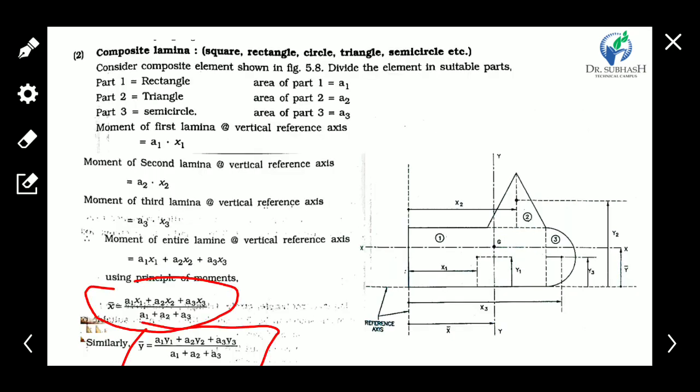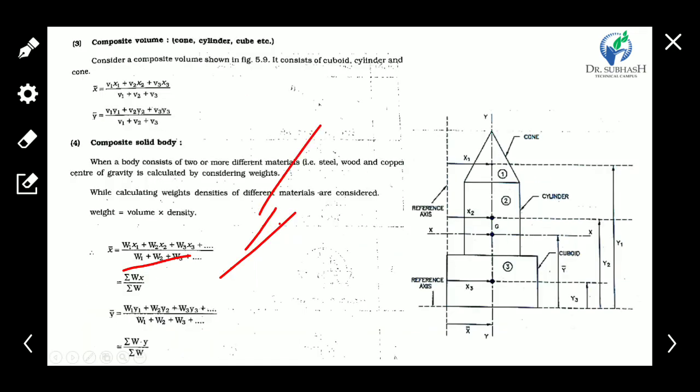Okay, clear? Through this process we can find the center of gravity of composite elements like a line, lamina, solid, and volume of cone, cylinder and cube. Okay, clear?